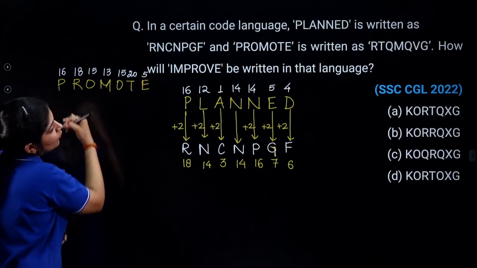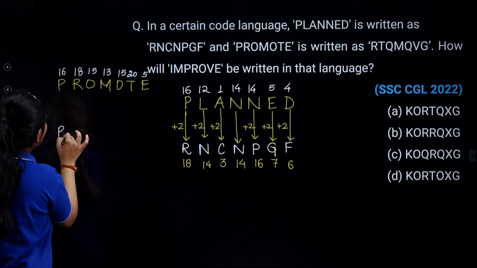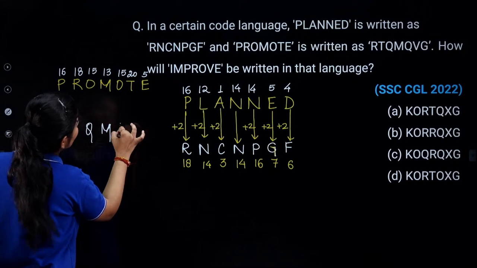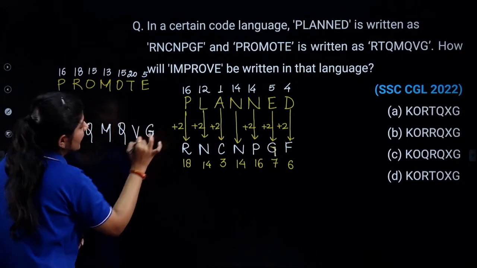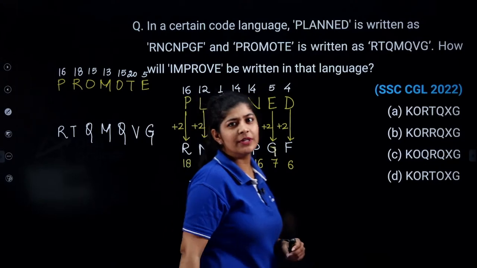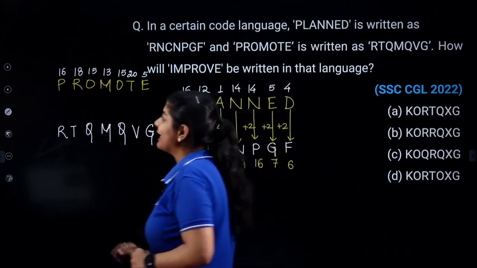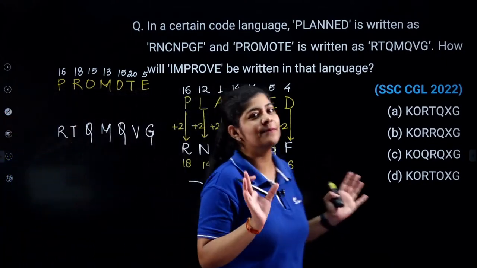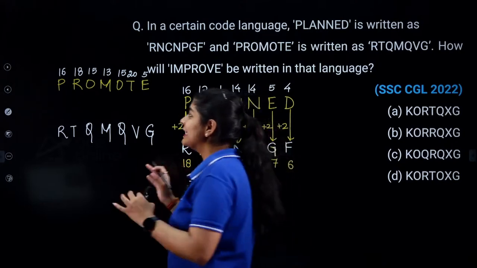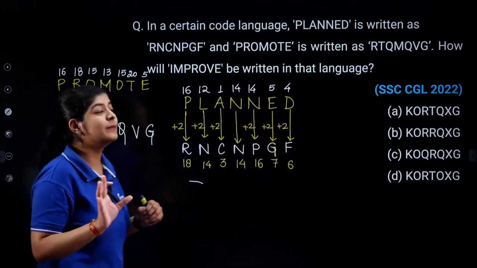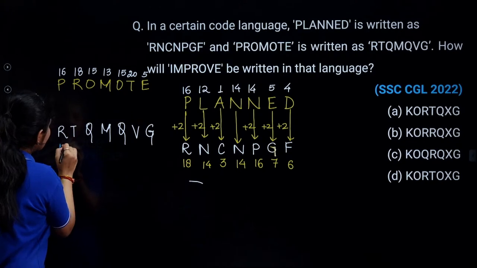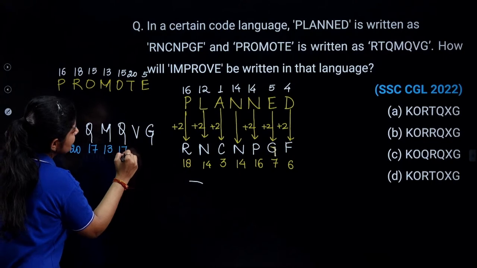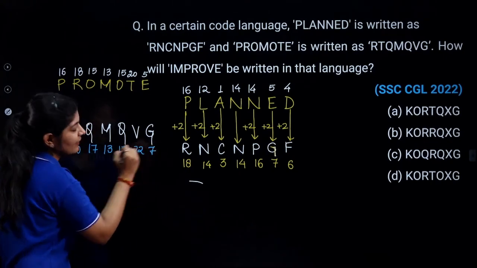Now the coded word that we are having is R, T, Q, M, Q, V, G. Basically these are the coded words that we are having, right? Like the basic thing is the reasoning and the quant section will remain the same for all the subjects or all the streams that we are having. This is something that is never going to change, right? So the associated numbers are 18, 20, 17, 13, 17, 22 and 7.